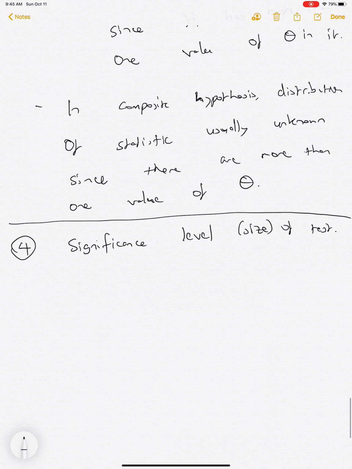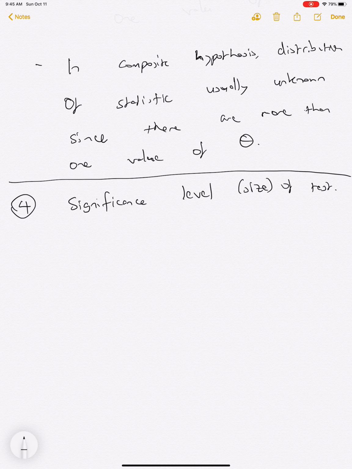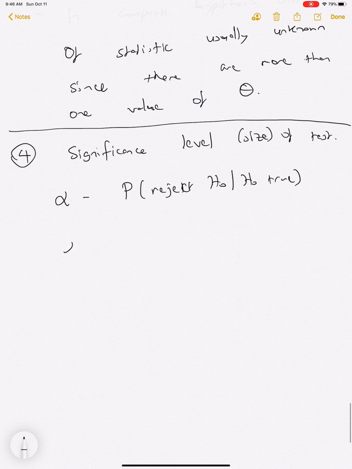It has a lot of different terms. We're going to use the notation alpha. The definition is the probability that you reject H naught given that H naught is true. This is also sometimes referred to as the type 1 error.